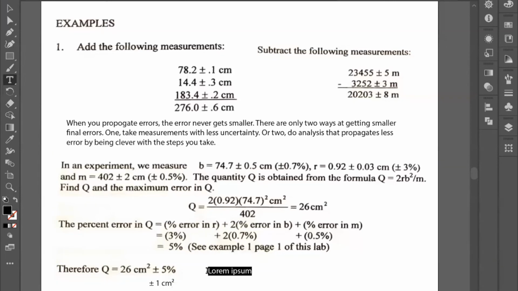It was 26 centimeters squared times 0.05, which gave me 1.3 centimeters squared, but then I rounded to 1 sig fig. That's what I heard, I thought you said 0. Not 0. I got you. I might have misspoke. Thanks for clarifying.